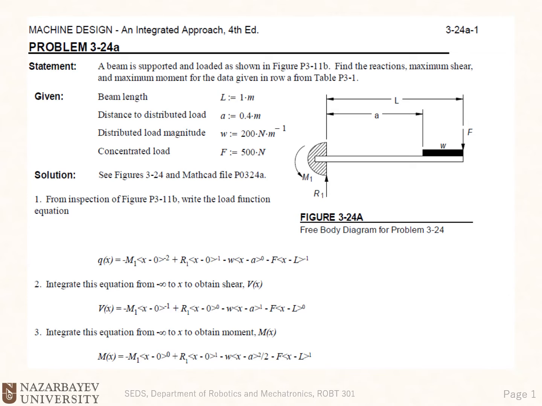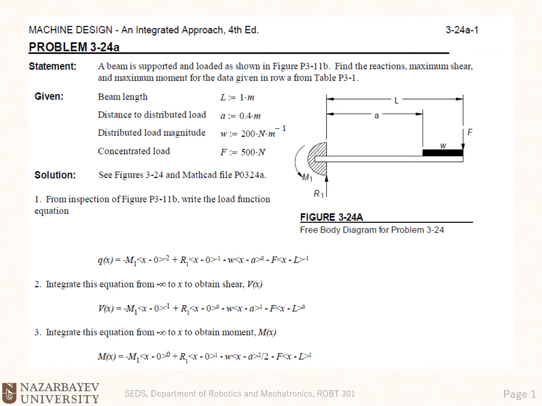So here we have a minus M1, minus because it is counterclockwise. You could use the clockwise here, it doesn't matter, and use the M1. The final solution will correct us and will give us the right direction.